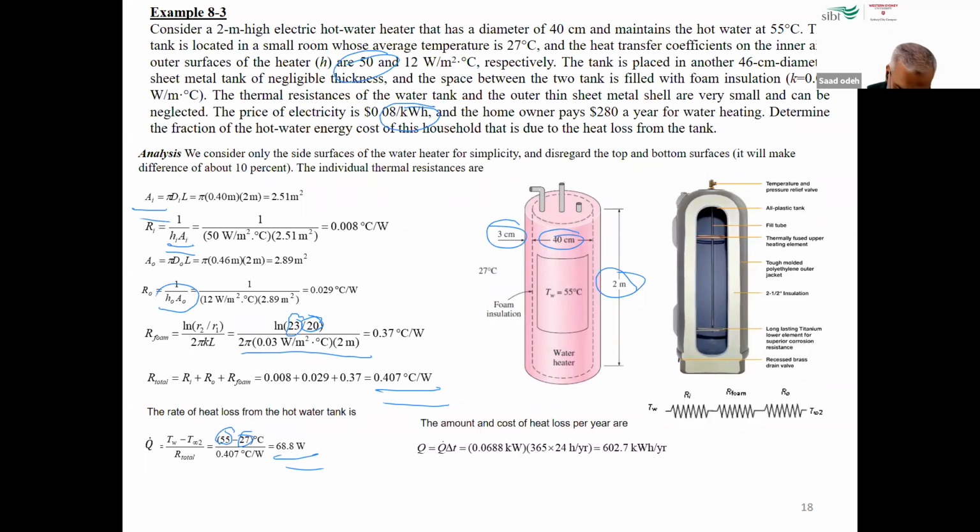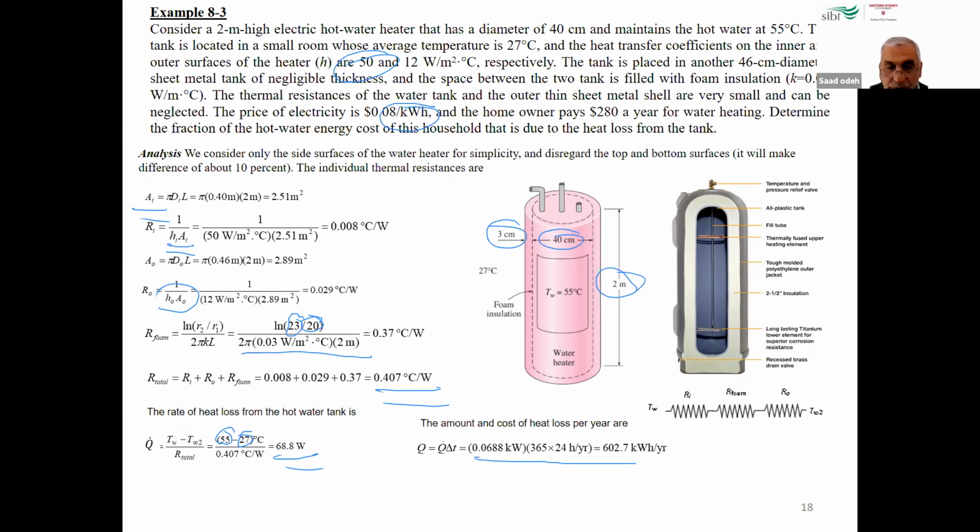So that's how you do it, to find how much heat loss or energy loss in the year, which is 602.7.